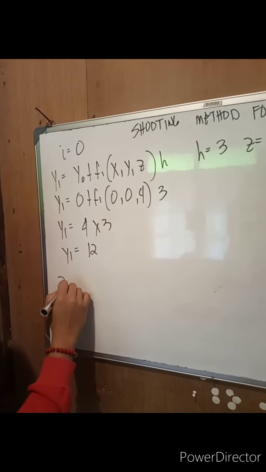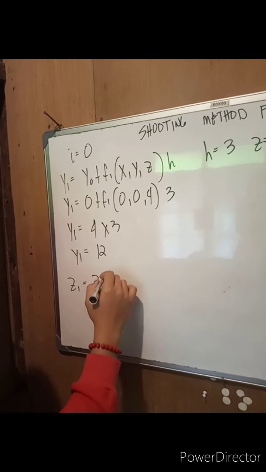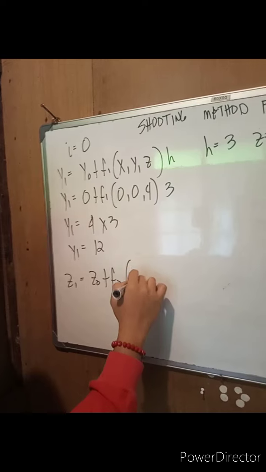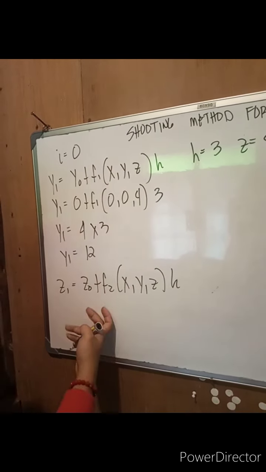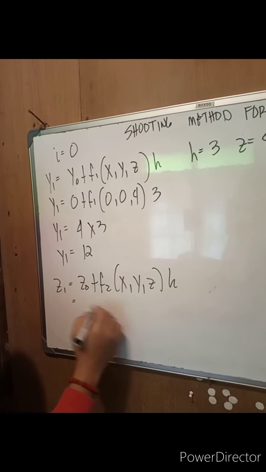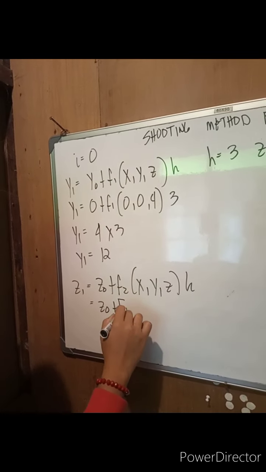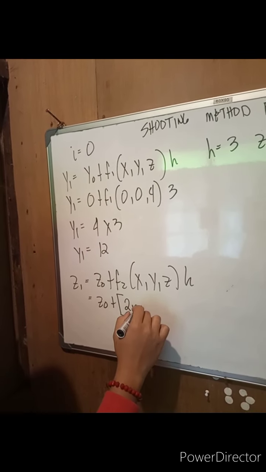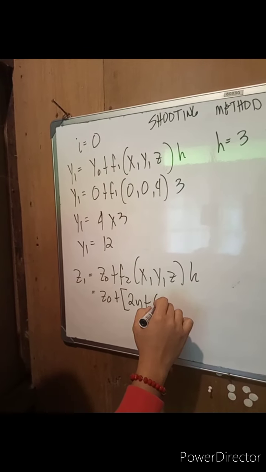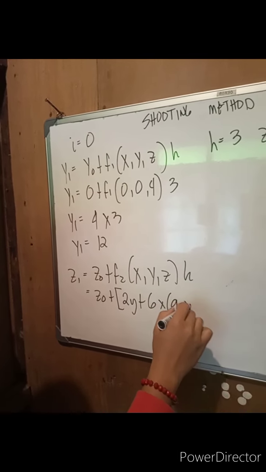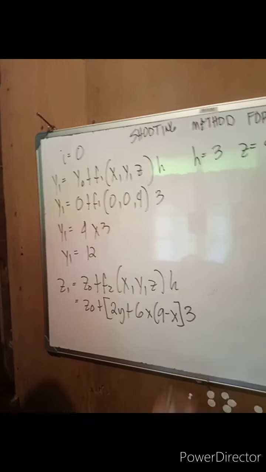Pagdating naman dito sa z1 is equal to z sub 0 plus function ng 2 (x, y, z) times h. Pero pag function ng 2 is ito ang gagamitin natin, di ba? Z sub 0 plus 2y plus 6x times (9 minus x) times yung height natin na 3. Yan.